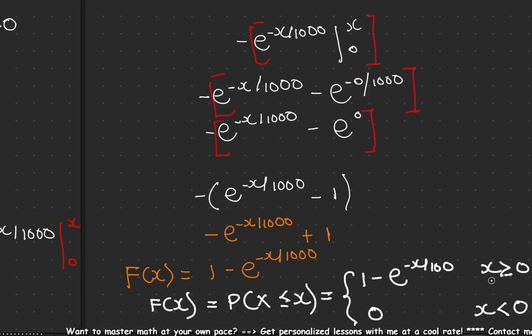We got this range of values from the question, right? And then we are saying 0 for anything that is less than 0, right? So with this now we can solve our questions.